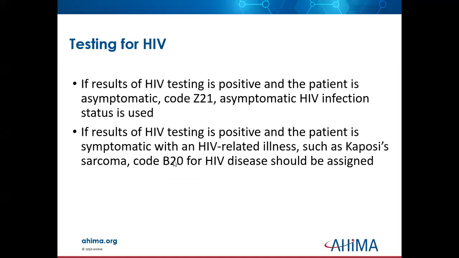If the results of the testing are positive and the patient is asymptomatic, code Z21, asymptomatic HIV infection, is used. If the results are positive and the patient has an HIV-related illness such as Kaposi sarcoma, the B20 for the HIV disease should be assigned.